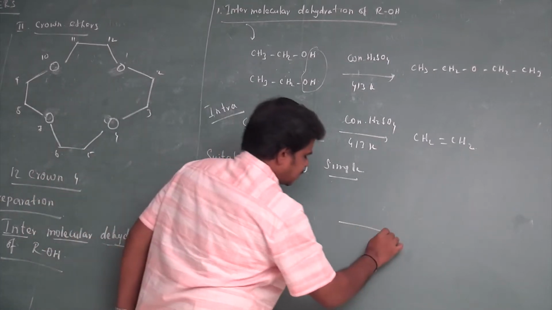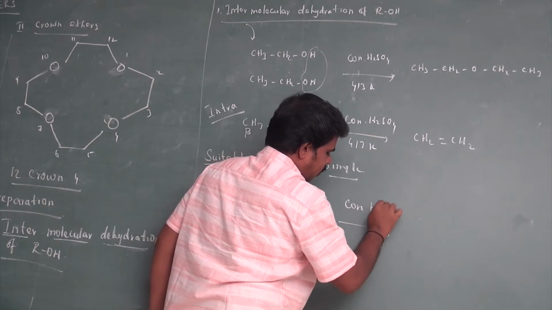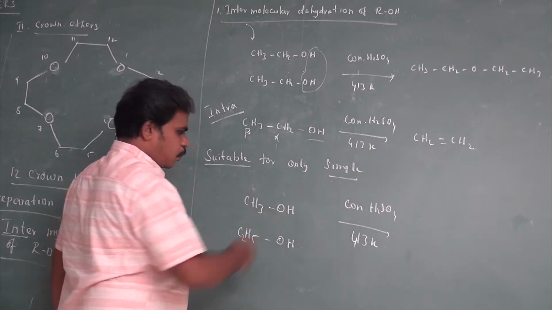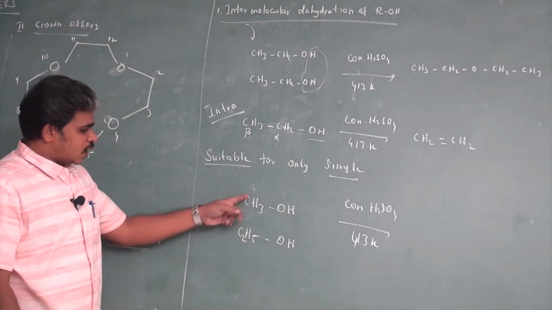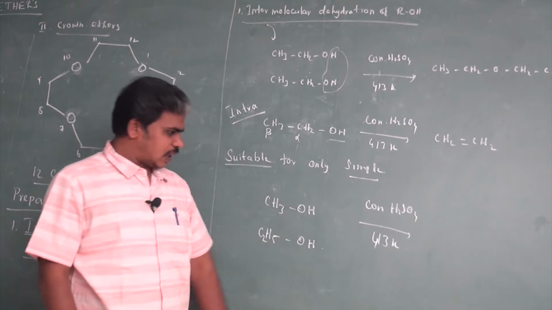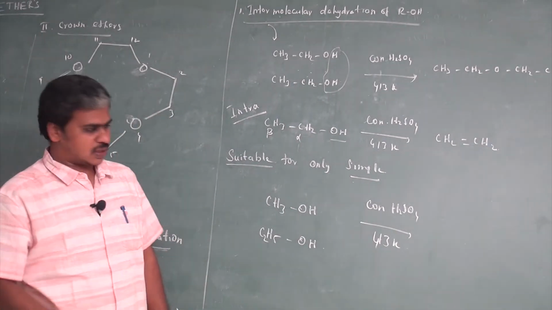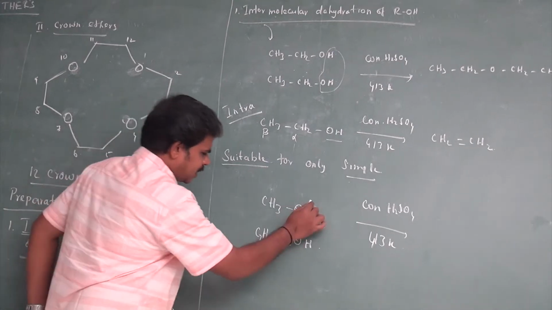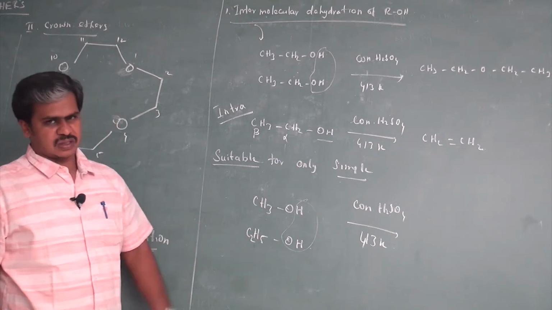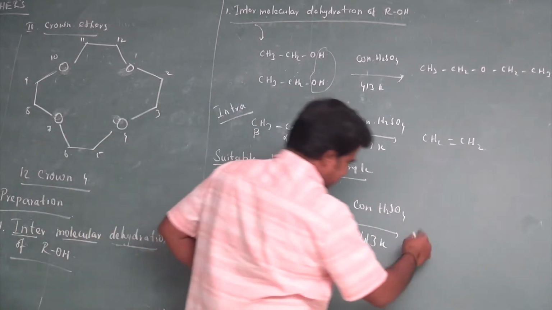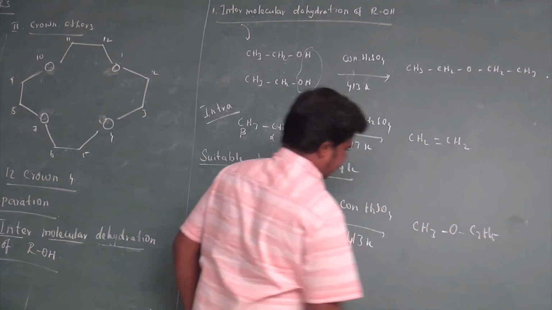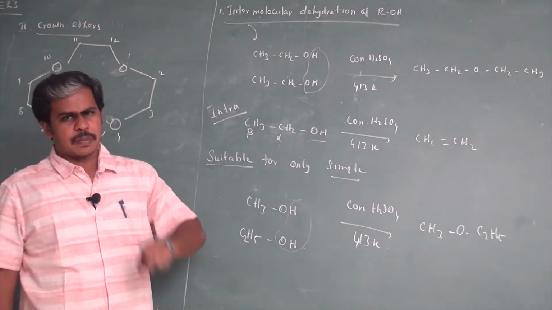Now, in presence of concentrated sulfuric acid at 413 Kelvin, what is the product? We are using two types of alcohol. Yes, you are right, only dehydration, correct? So what is the product? CH3OC2H5. If you are doing like this, it is correct, CH3OC2H5, but it is not the only product.